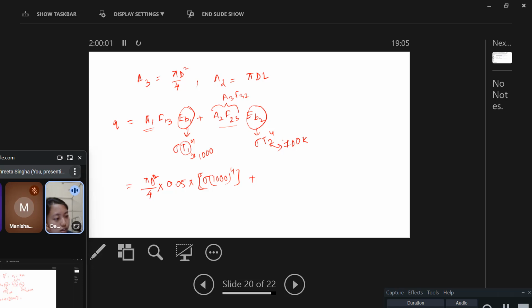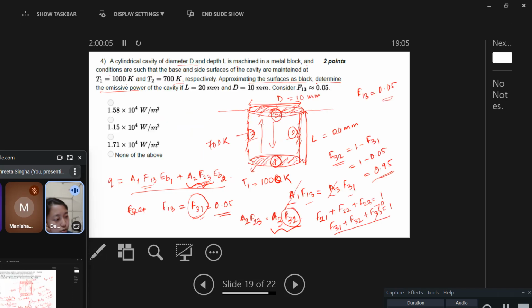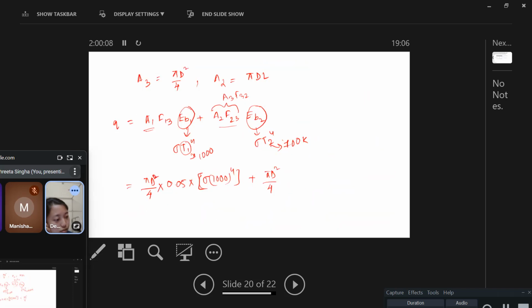So we can write A3 is pi d square by 4 again. F32 we found out as 0.95 into sigma 700 to the power 4. Calculate it, you will get the answer.